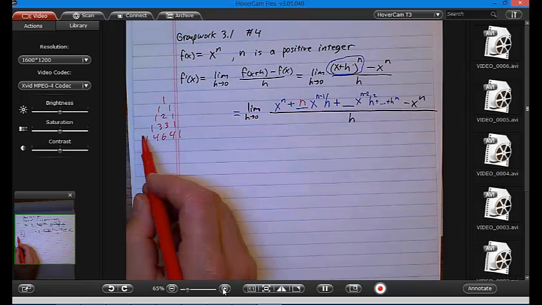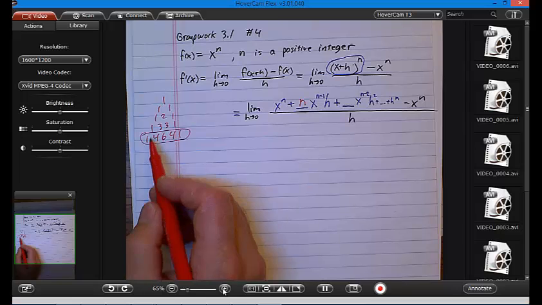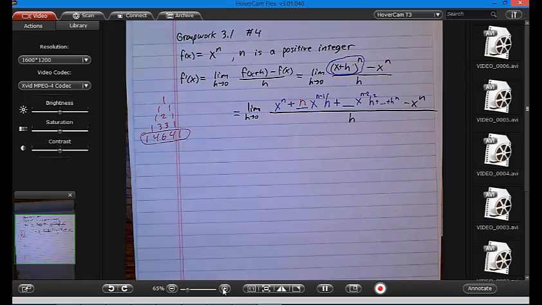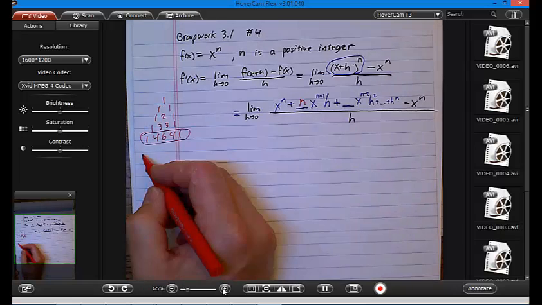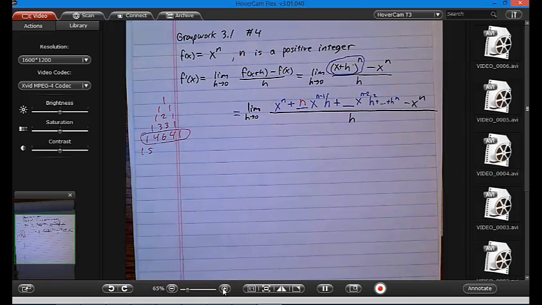When I do x to the 4th power, the second term is 4. If I do x squared, I know the middle term is a 2. Whatever power you're on, if I'm doing the 5th power, it's 5. Whatever it is, that's an n. And that's important.